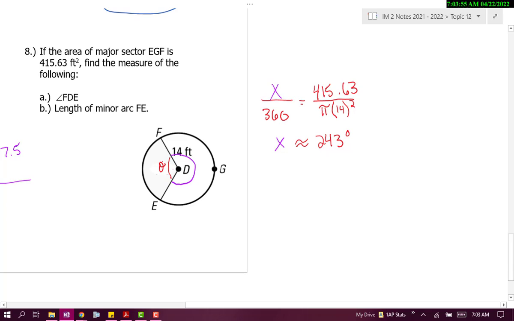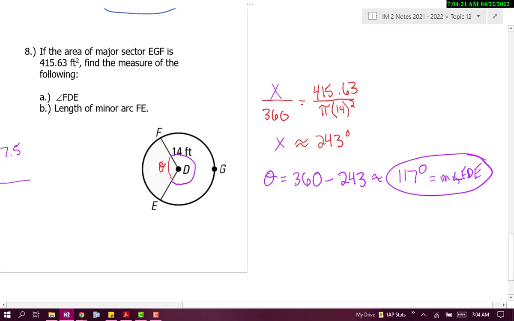Then from there, we want theta, which is 360 minus what we just found. So 360 minus 243, so approximately 117 degrees. And that's the measure of angle FDE, the theta that's actually marked on our diagram.